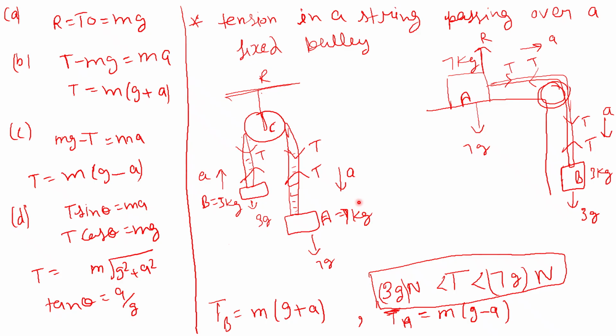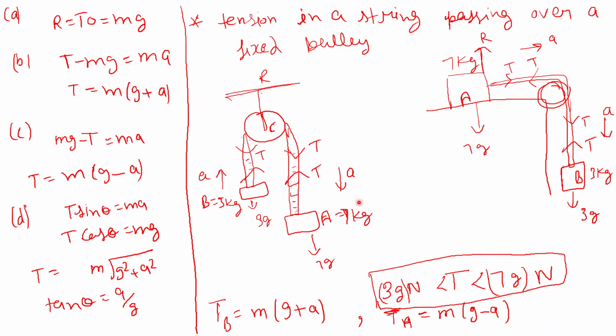Tension increases when a body is accelerated up and decreases when accelerated down, but as tension in the string must be the same everywhere, T must be greater than 3g newton and less than 7g newton.